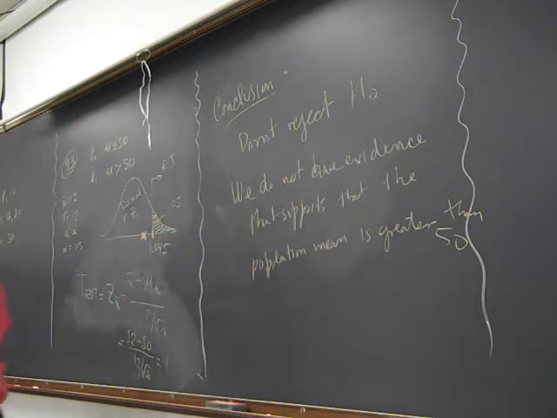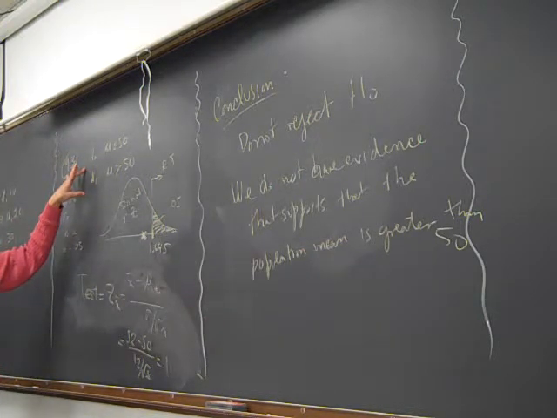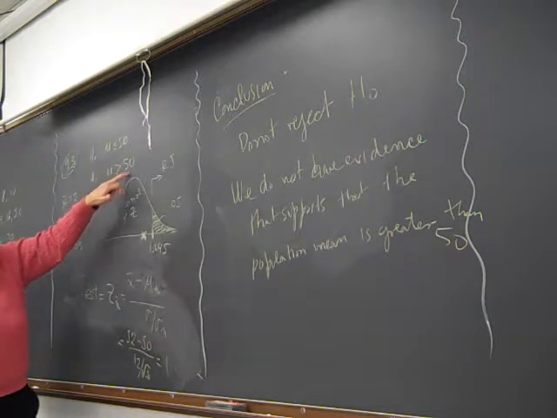That is the statistical conclusion. So we don't have evidence that supports the alternative. That's what I want to see in the test. I don't want to see, do not reject the null hypothesis. That's wrong. The real conclusion is that we do not have evidence that supports that the mean is greater than 50.